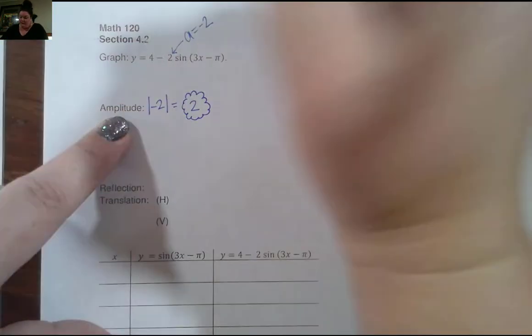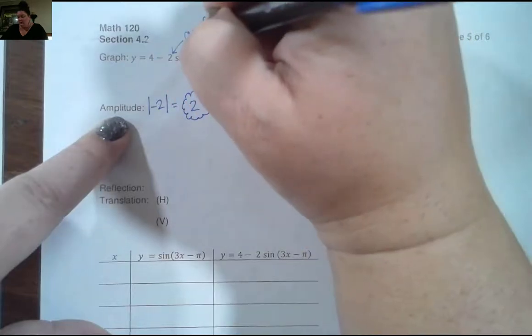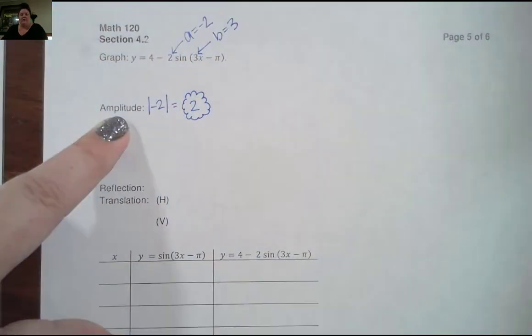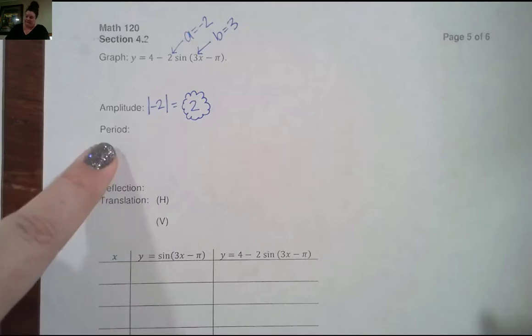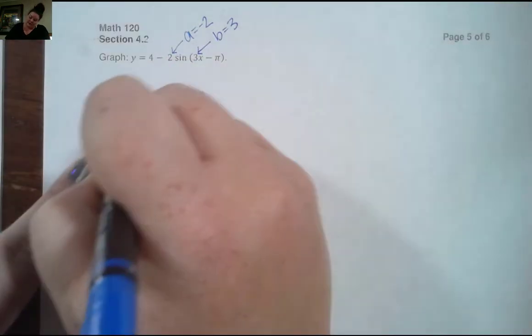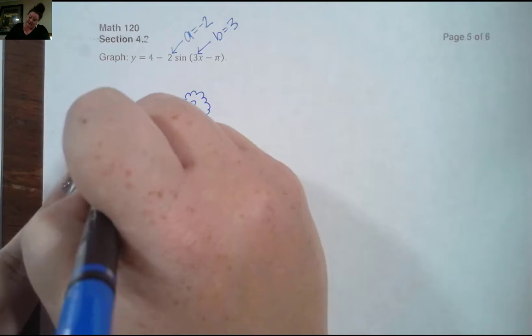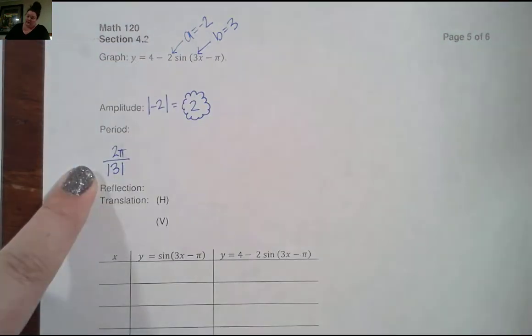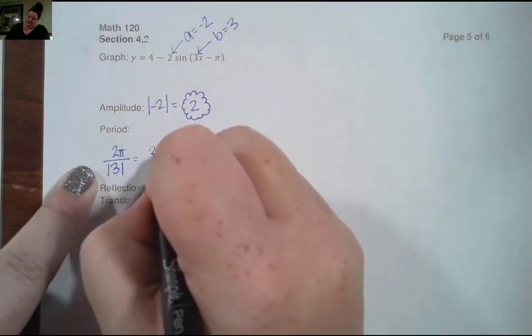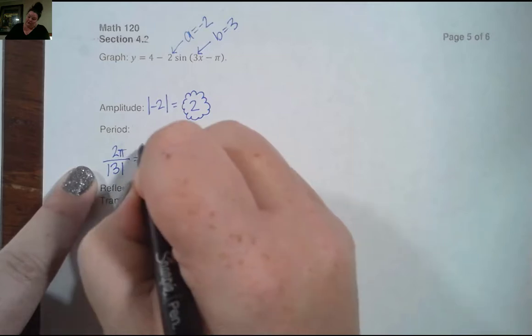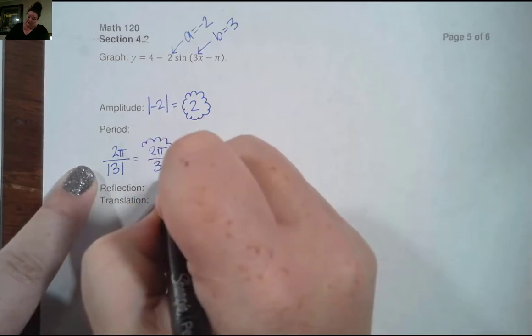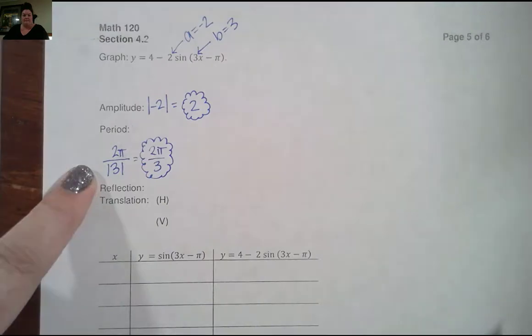Then I look for my B value, which is the number in front of my x. Okay, remember that affects the period. So I'm going to do 2 pi divided by the absolute value of B, okay, which ends up just being 2 pi over 3. So that's my period length, okay.